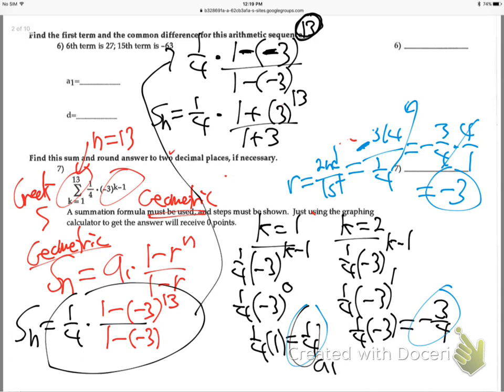So that minus will stay, will hit the other minus eventually, and it will become plus. But if this had been like a 12th power, then that would not be the case, right? Because the 12th power on the minus 3 would have made the minus 3 positive, and the other minus in the middle then would have just sat there alone and still been there. Does that make sense? For an even power, it would have made the thing in parentheses positive, wouldn't it?